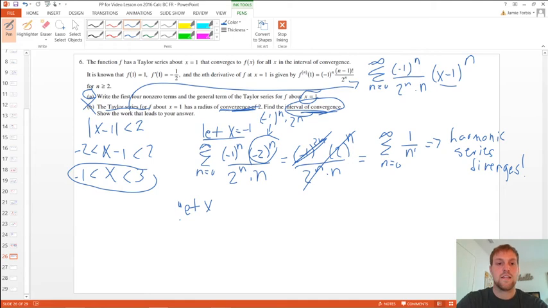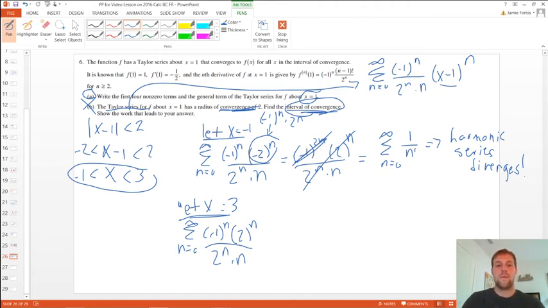So we're going to let x equal the other endpoint, 3. Okay, so that's the summation n equals 0 to infinity of negative 1 to the n, and 3 minus 1 is 2, so 2 to the n over 2 to the n times n.